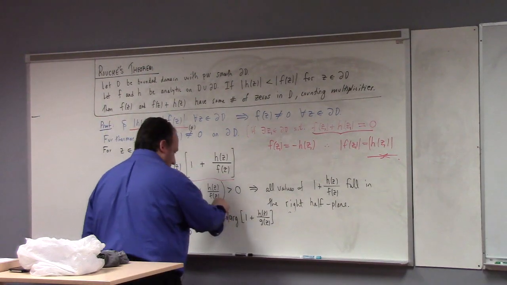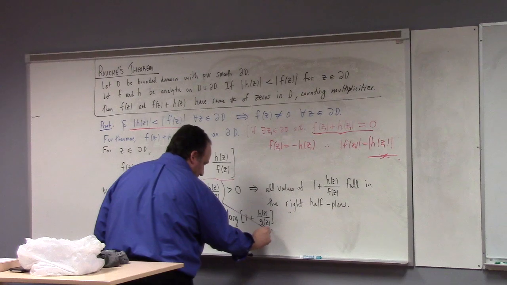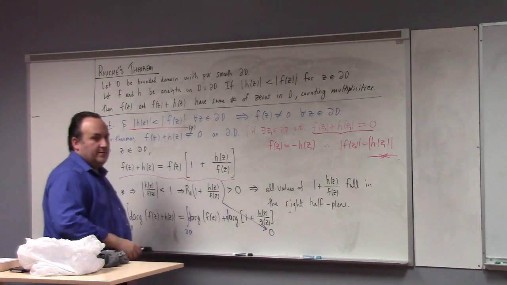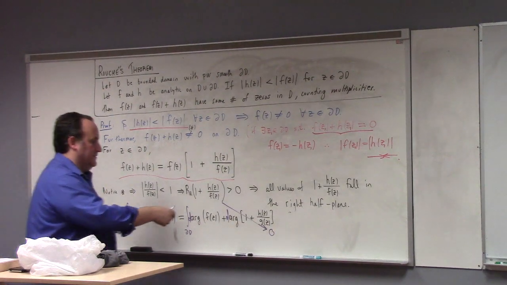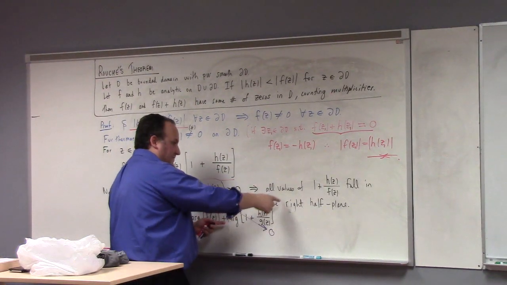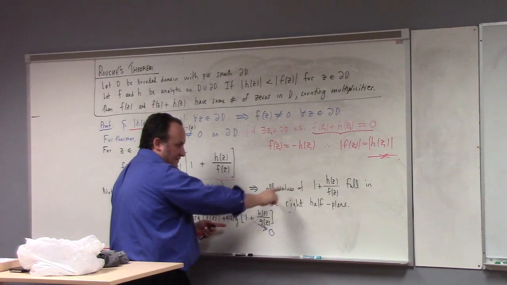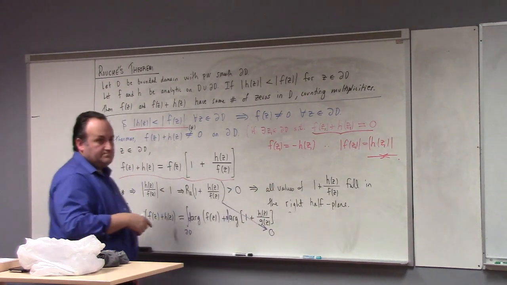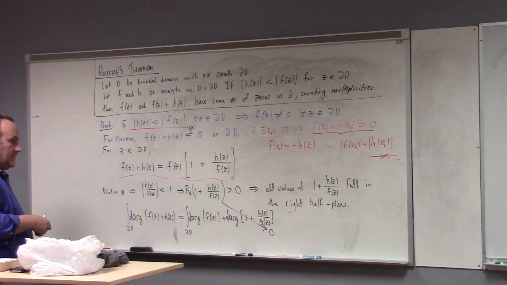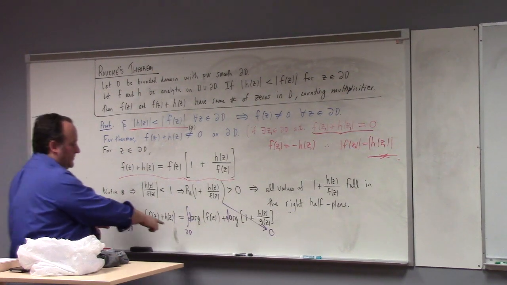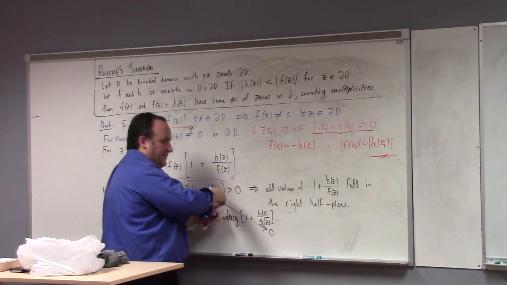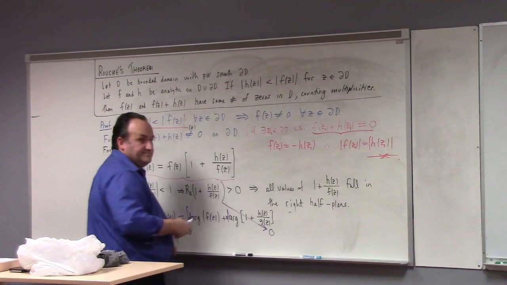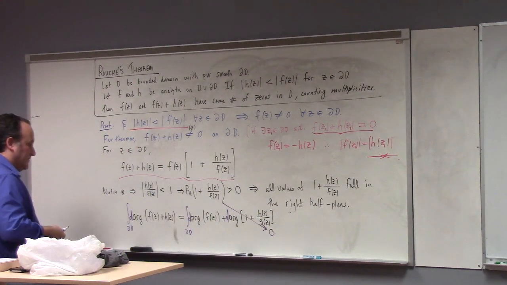This piece integrates to 0. Why? Because the change in that argument can't ever be, it doesn't encircle. So this just integrates to 0 because it's always in the right half plane. Right, so this is a closed curve, right? So you're going to go back where you start, but you never encircle the origin with this piece. So that piece integrates to 0.